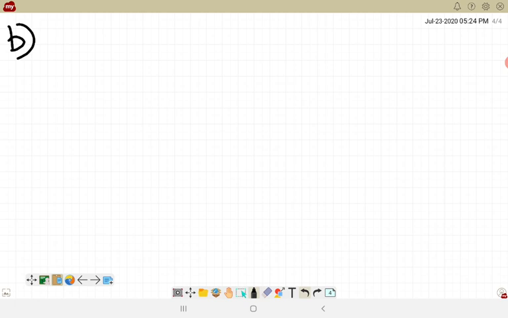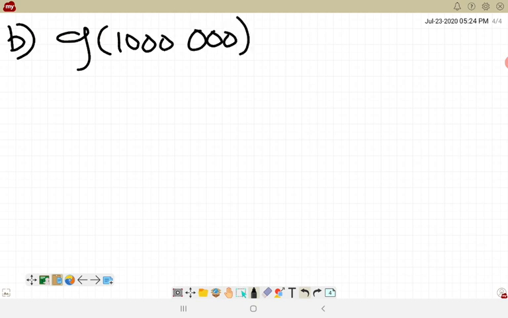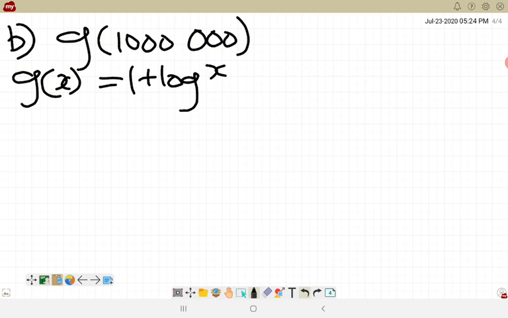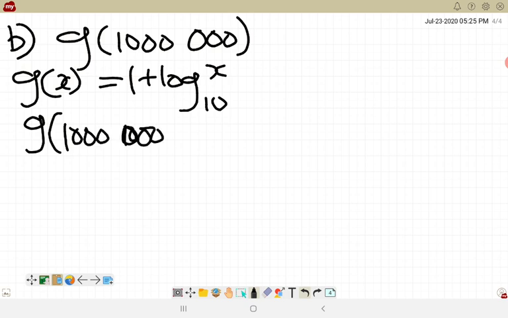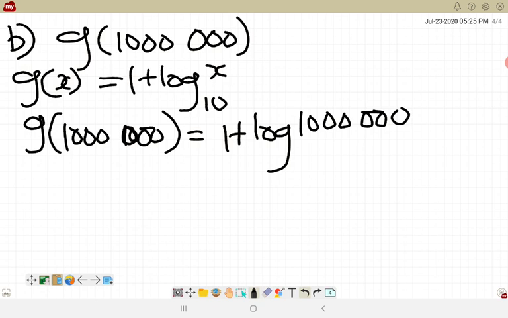Example B. Remember the given function, g of x equals 1 plus log x base 10. Now find g of 1 million. So write down the function again. g of 1,000,000 is going to give us 1 plus logarithm of 1,000,000 base 10.